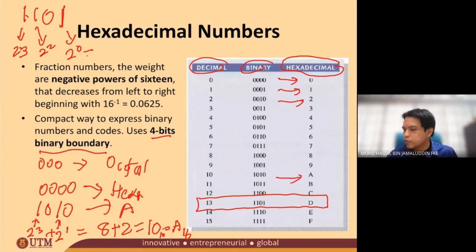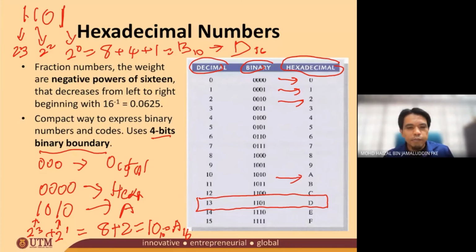And you end up, so 2 to the power 3 is 8, 2 to the power of 2 is 4, 2 to the power 0 is 1. So you have 13. So 13 in decimal representing in hexa is A, B, C, D. So it representing D, base of 16.